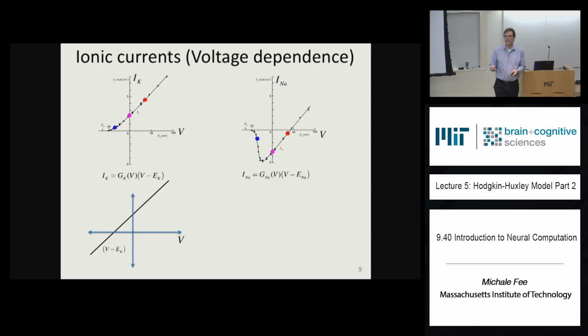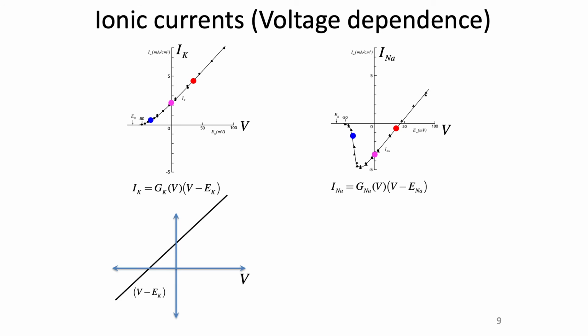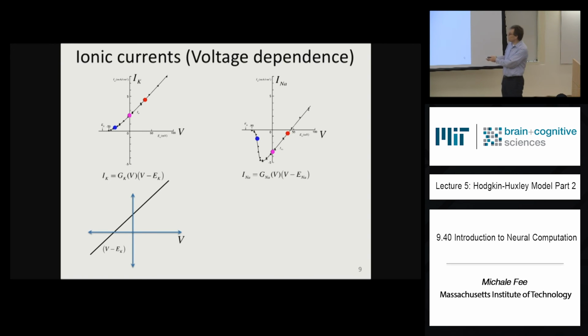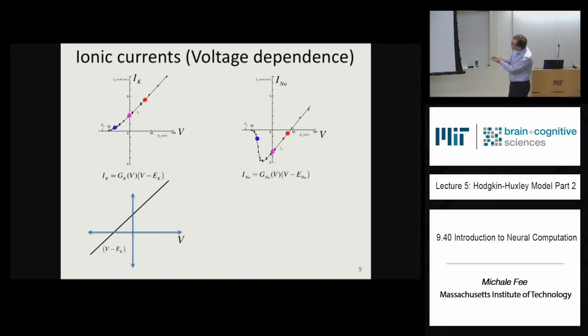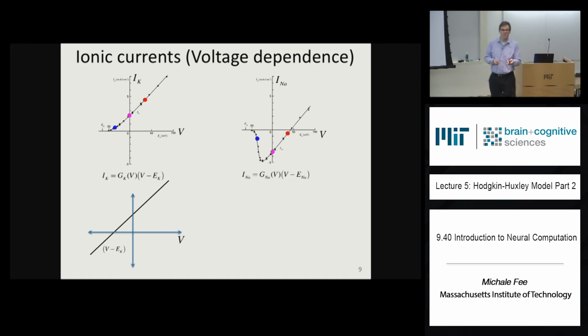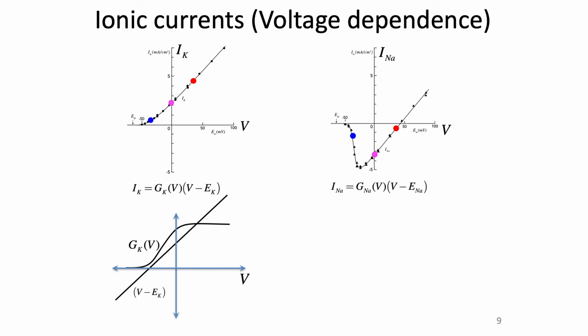Yep, sigmoidal. And what is it down here? It's 0. So the way that you can get a 0 current, even with a very negative driving potential, is if the conductance is 0. You can see that the current is linear up here, and the driving potential is linear up here, so the conductance has to be constant. And so we have a conductance that has to be 0 down here, and a constant non-zero up here.